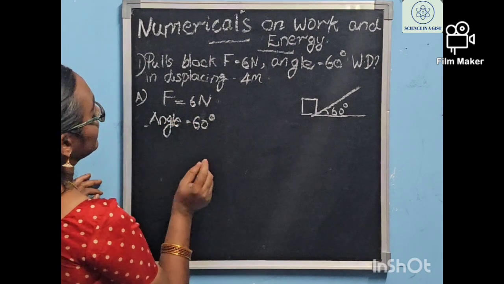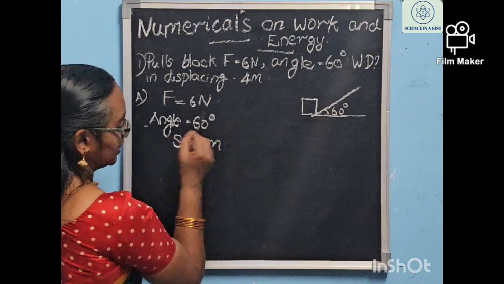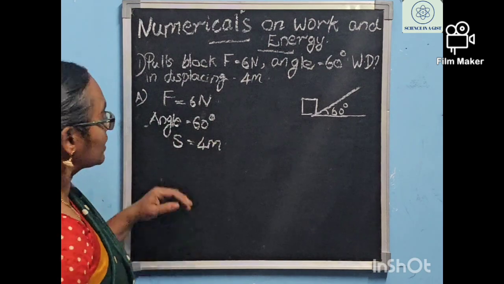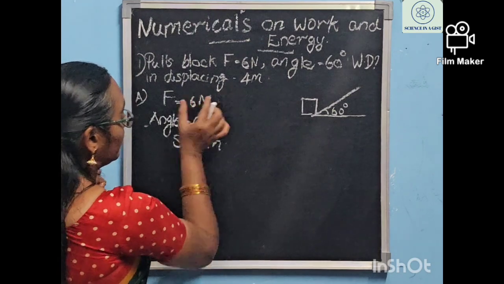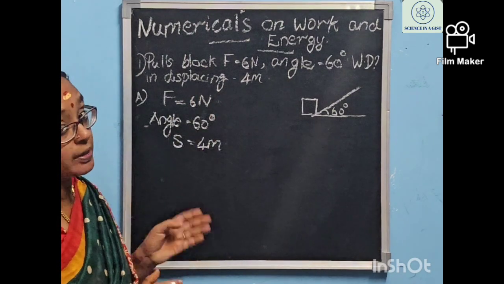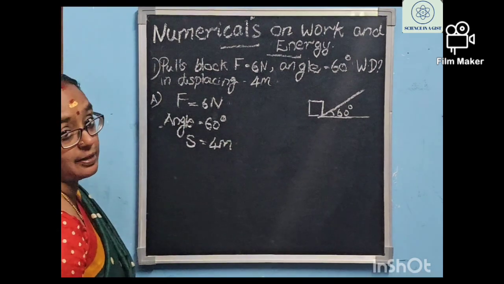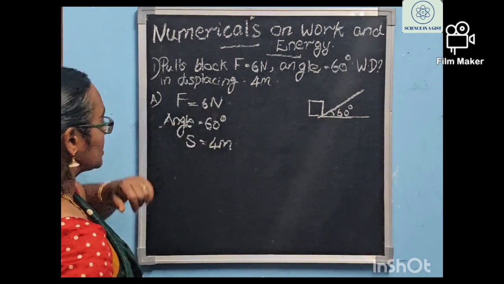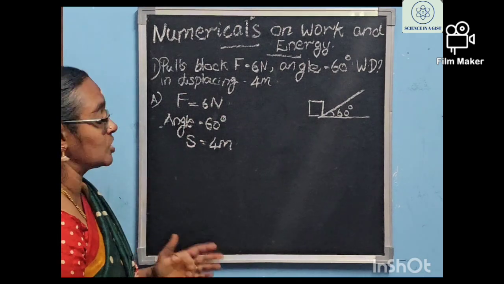Then the third one is displacement S is equal to 4 meter. The next point is to see whether the units are in SI or in CGS. If the units are in CGS, you have to convert them into SI. Here this is in Newton and this is in meter, so no need of conversion.